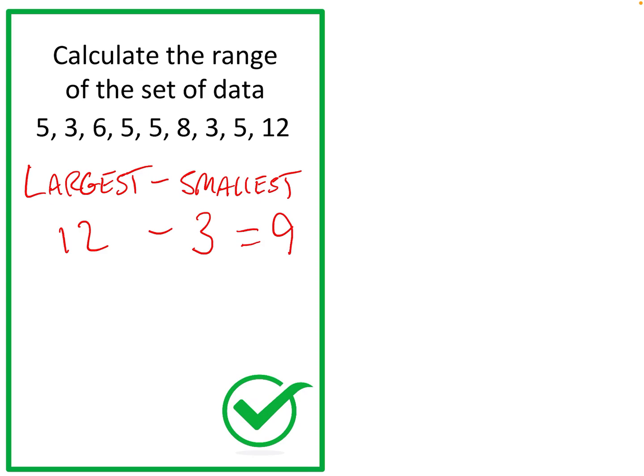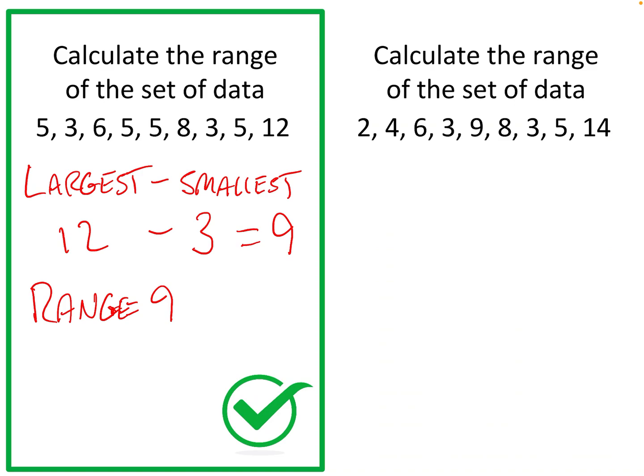So therefore, the range, apologies for that, the range is equal to 9. Okay? And the range is that simple to work out. All we're going to do every time is the largest subtract the smallest. So now you've seen me do one. Pause the video and you have a go.